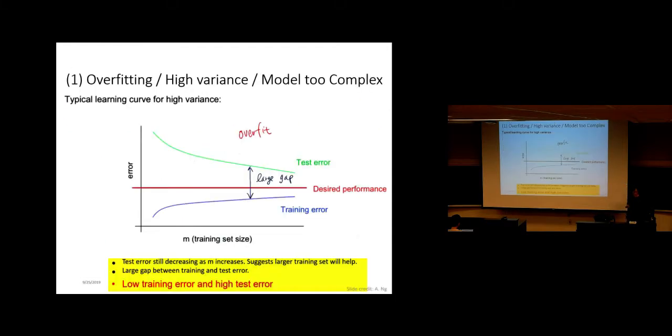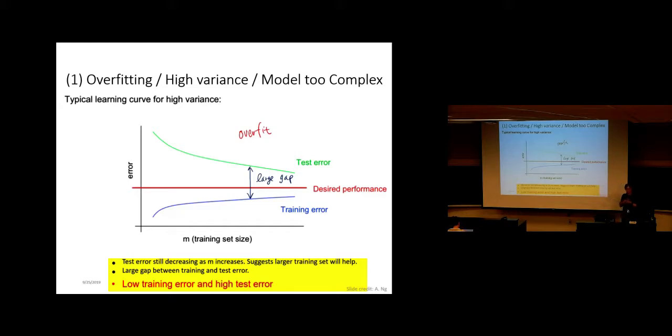All right. And this is the curve we ask you to plot. If you have the luxury to vary the training data, you vary it and plot the training error and test error.